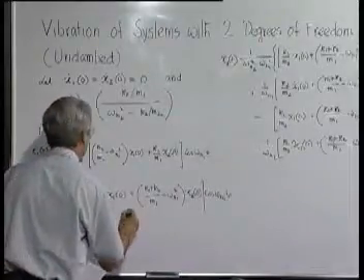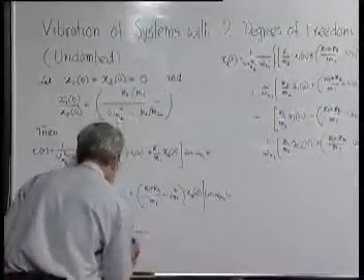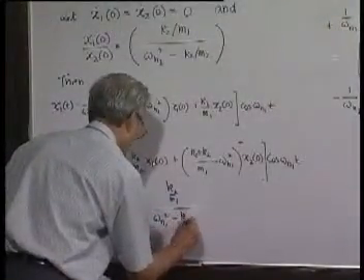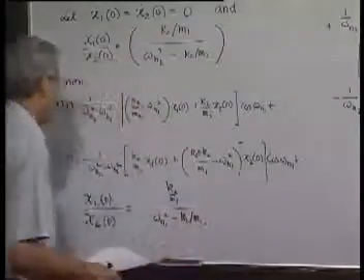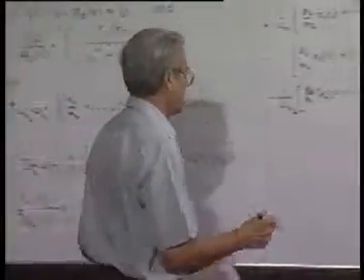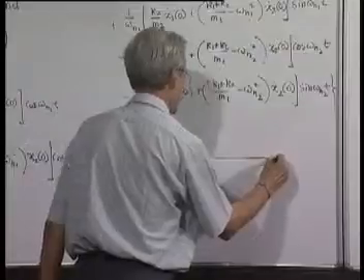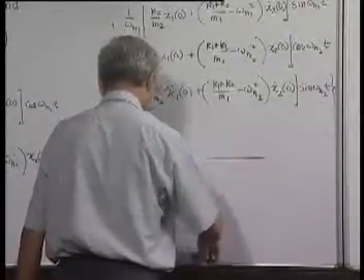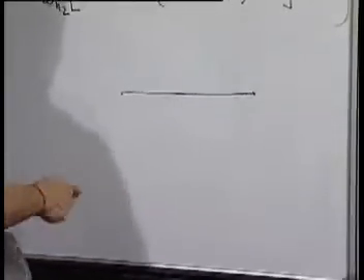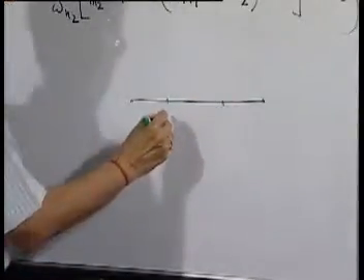But to excite this mode of oscillation, we have to give the initial disturbance like this, and we can show that all along this x1 by x2 ratio will remain same as this, that is minus k2 by m1. So whatever ratio I gave, that ratio remains.